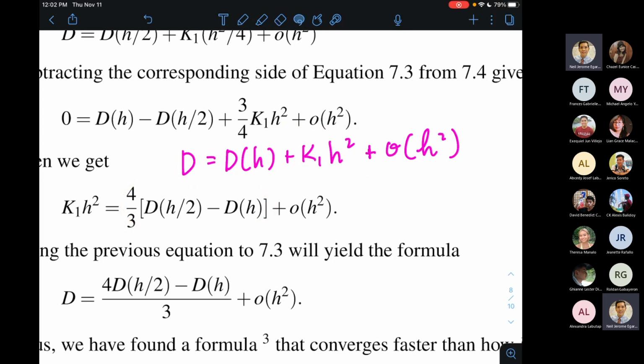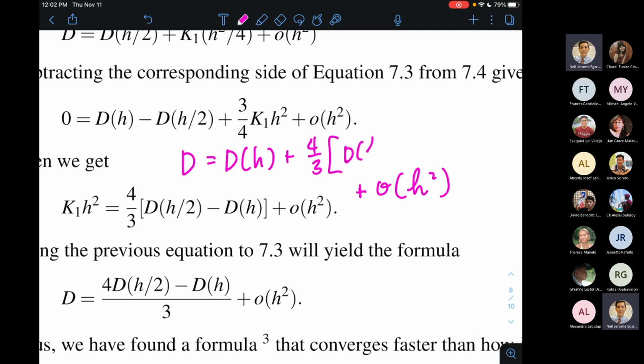So kung gagawin ko yon, okay, pwede kong ibaba ito. Tapos si K1 h squared, mapapalitan na siya ng 4/3 times D of h over 2 minus D of h, and so on. And this is fine because D of h over 2 is the result of the implementation of the simple formula, but this time using step size h over 2.